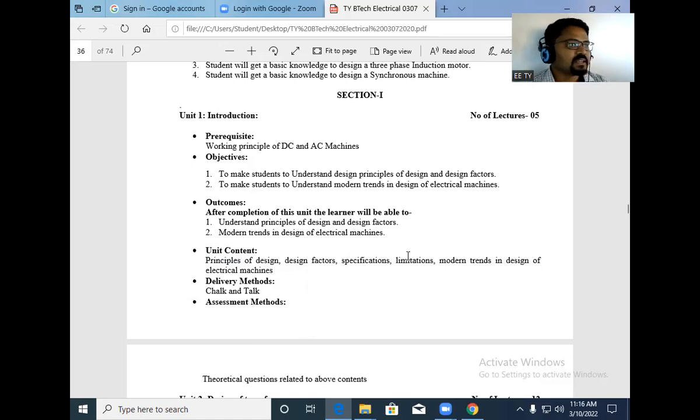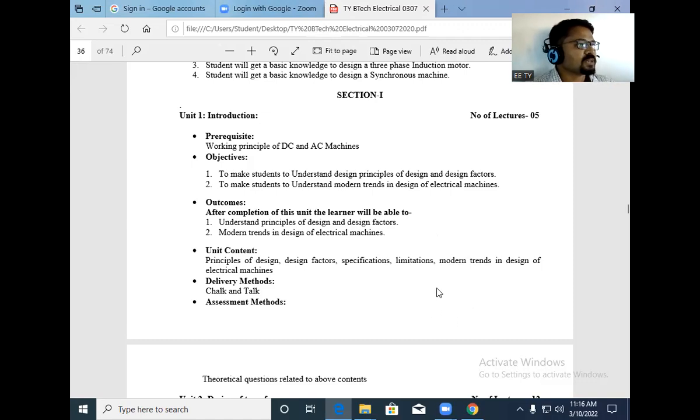And the last point of this chapter is modern trends in the design of electrical machines.